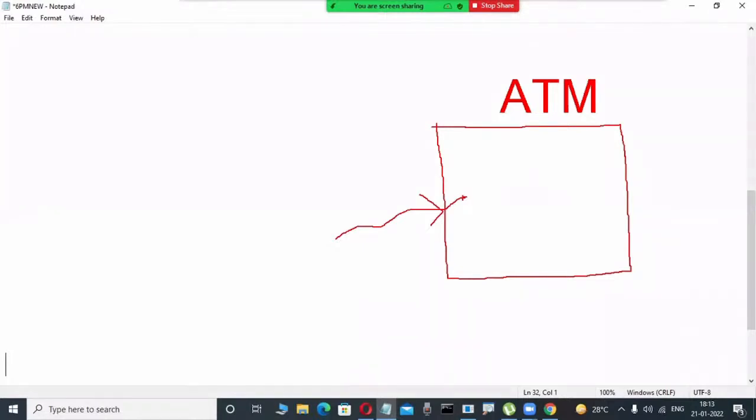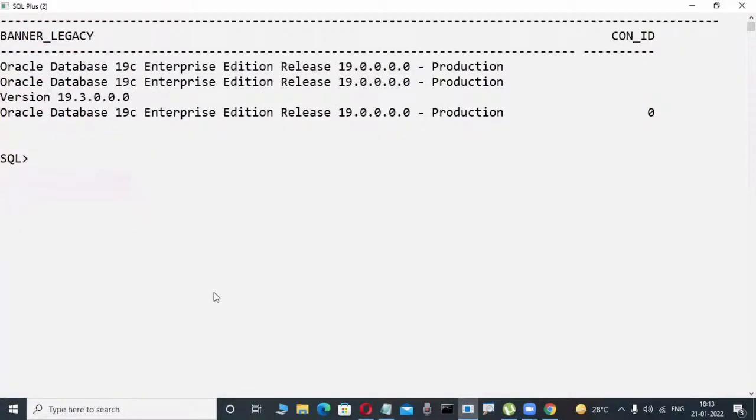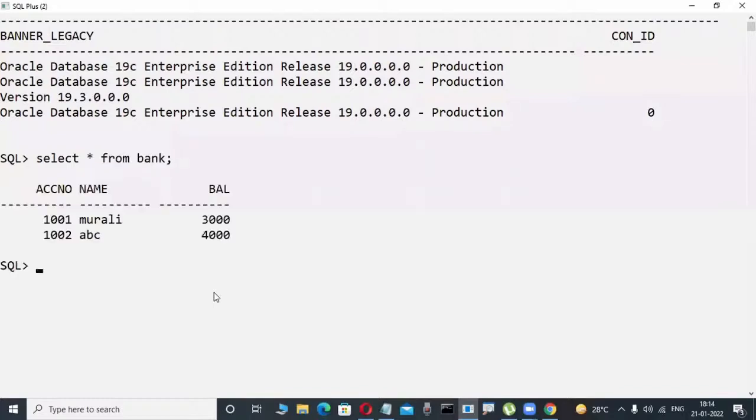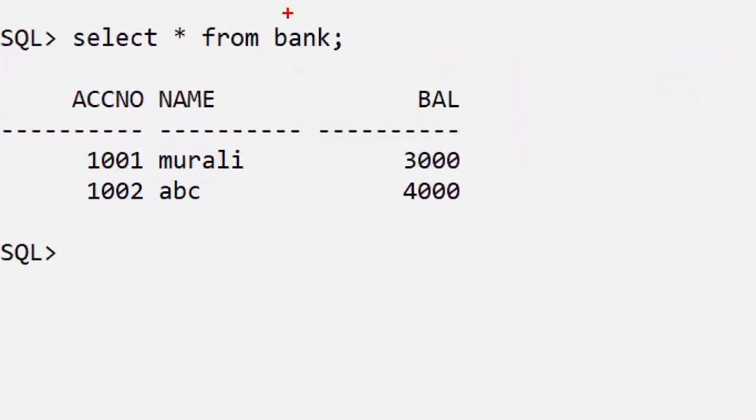Now check it out. Slowly observe the screen. Suppose in this database, for example, there is a bank table. Just observe the scenario, a very easy way to understand. This is a bank table. In table format only, we store the data.